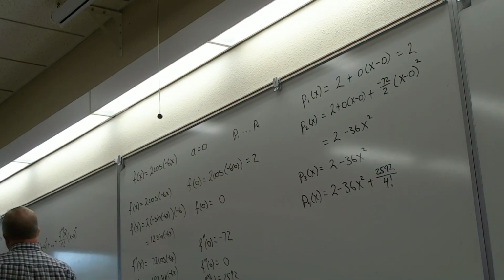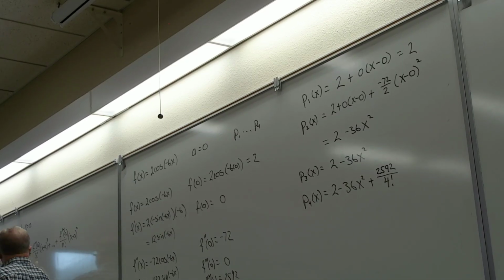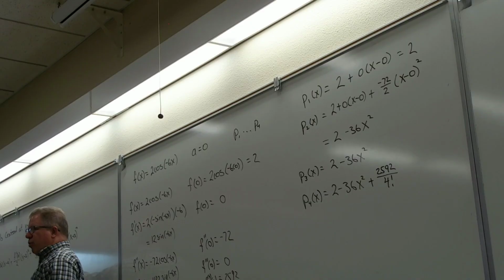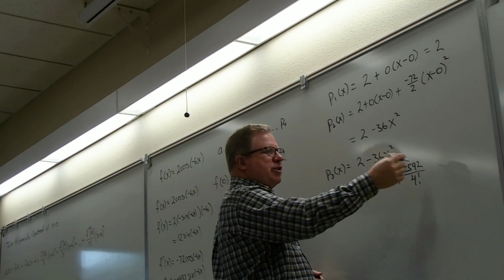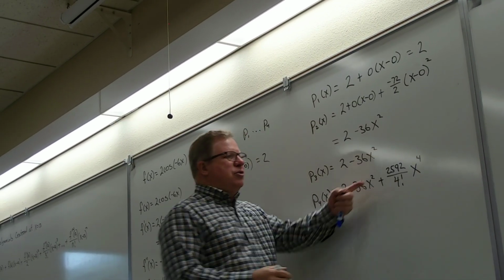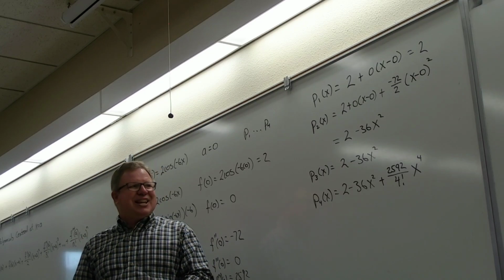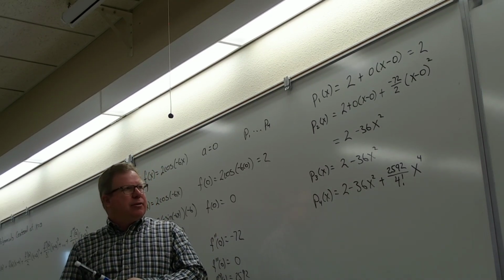Remember these denominators. Down below here, there's a 0 factorial, a 1 factorial, 2 factorial, 3 factorial. Now it's 4 factorial. Times x minus 0, which we will just write x to the 4th. Don't worry about reducing that when we have it written as a factorial. Just leave it like that.